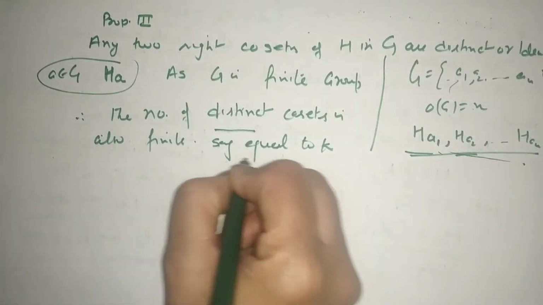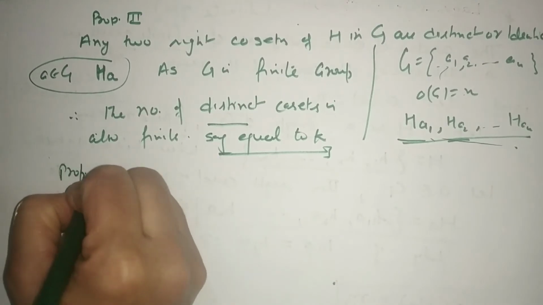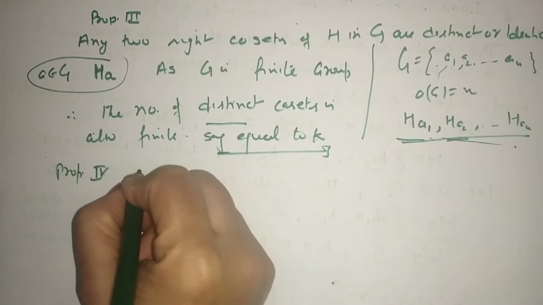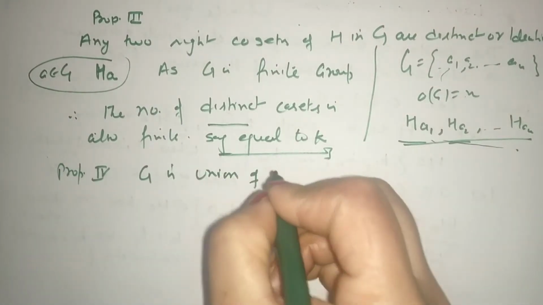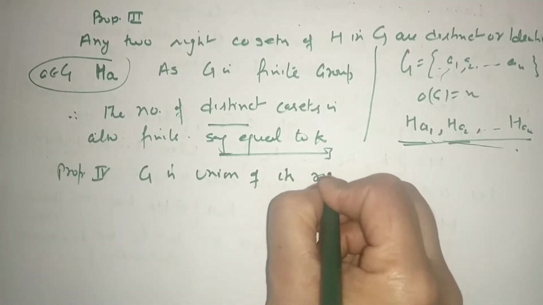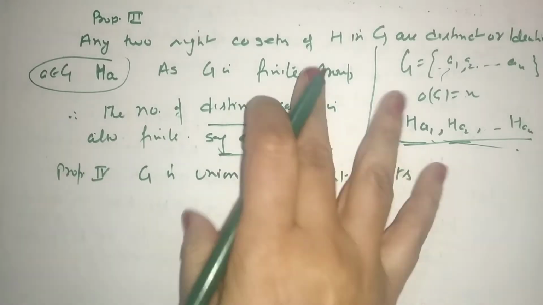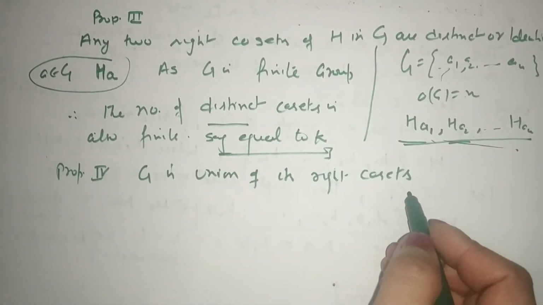So the number of different cosets is k. Then we have property number 4, which says that G is the union of its right cosets, right as well as left. We have taken in this theorem only right cosets, so G is the union of its right cosets.